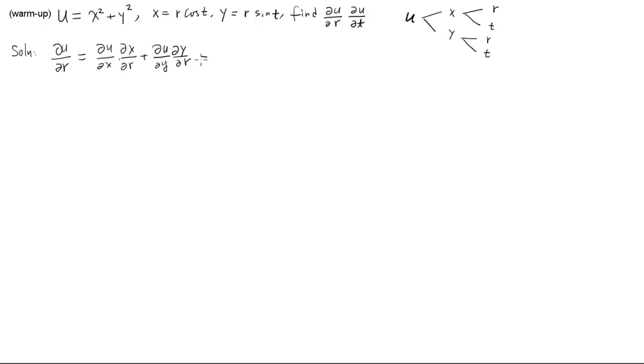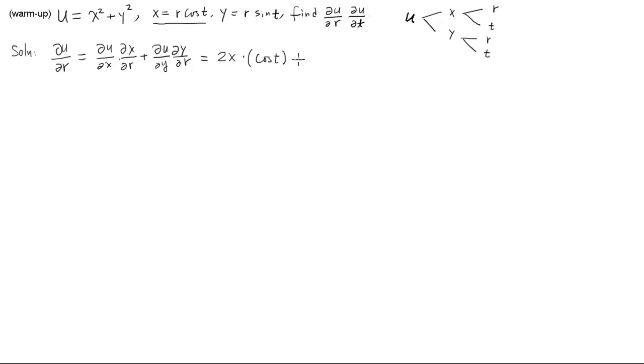And if we look at this one, this is what we have. This is going to be 2x, but remember x is a function of r, so now we take the derivative of x with respect to r. t is considered a constant, so we have cosine t. t is a constant, so cosine t is also a constant. And that's this part.